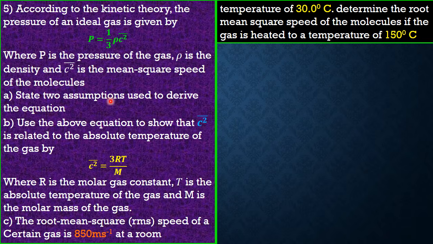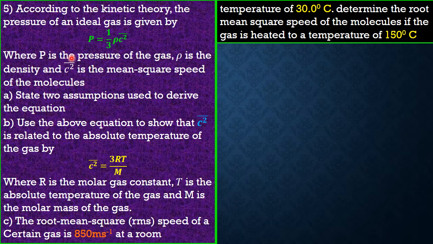A. State 2 assumptions used to derive the equation. B. Use the above equation to show that C squared bar is related to the absolute temperature of the gas by C squared bar equal to 3RT over M, where R is the molar gas constant, T is the absolute temperature of the gas, and M is the molar mass of the gas.